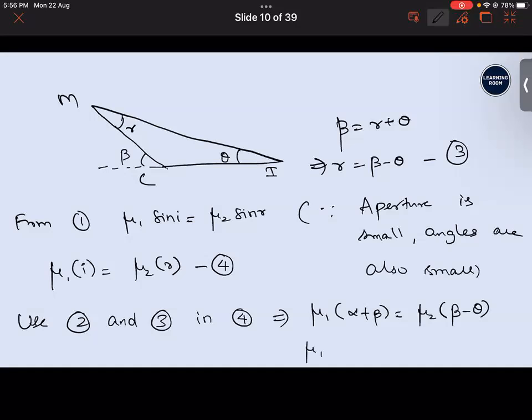So I'll get mu1 alpha plus mu2 theta is equal to mu2 minus mu1 into beta. This is what I get by rearranging. So mu1 into alpha. This side you have minus mu2 beta, that will come to the left hand side as plus mu2 beta is equal to mu2 beta, and mu1 beta will go to the other side as minus mu1 beta. Is it clear?